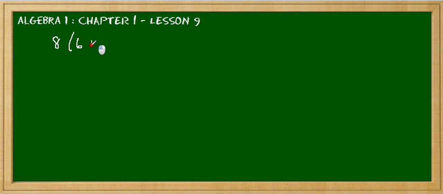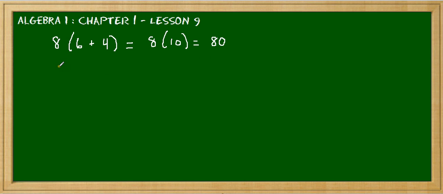And we know that if we did our parentheses first, we would have 8 times 10, and we'd know that would yield 80. Now, the other way is to multiply each of these numbers, 6 and 4, by 8 and then add the result.